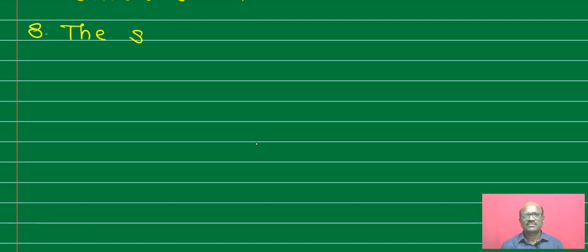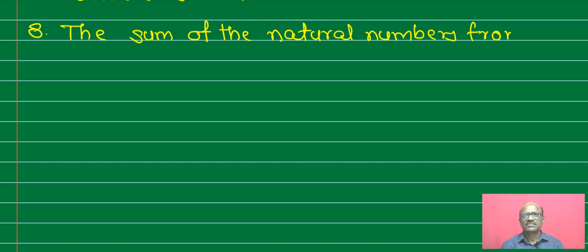Number 8. The sum of the natural numbers from 1 to n is 36.